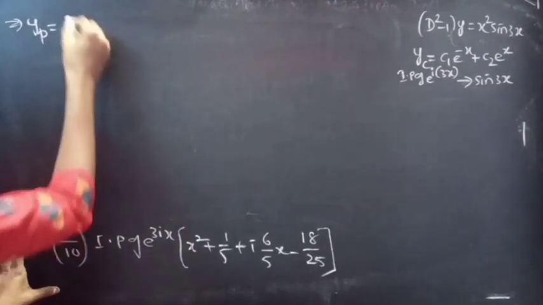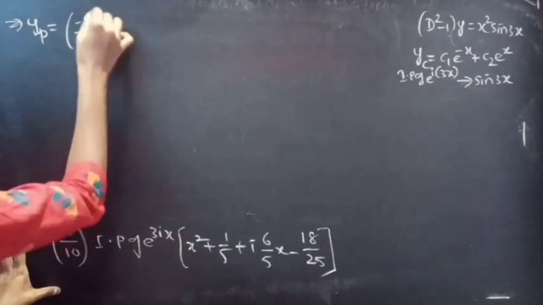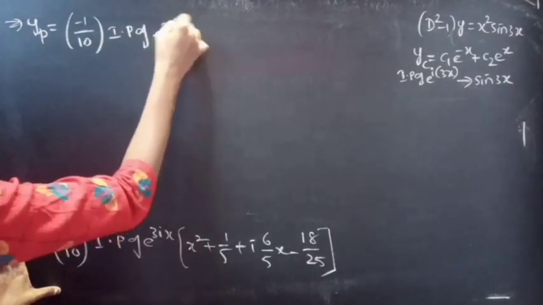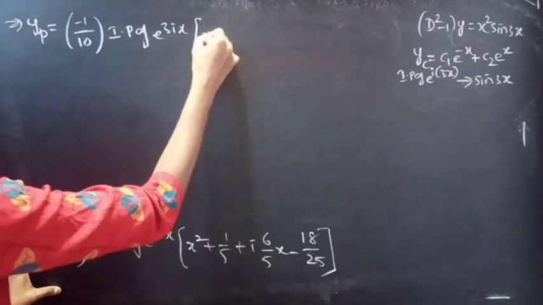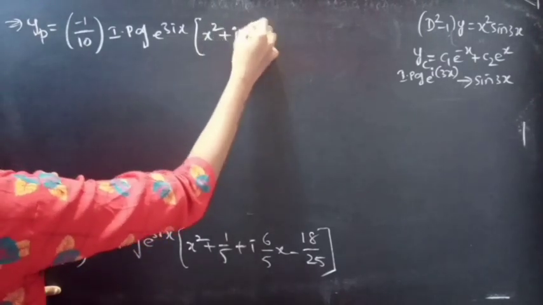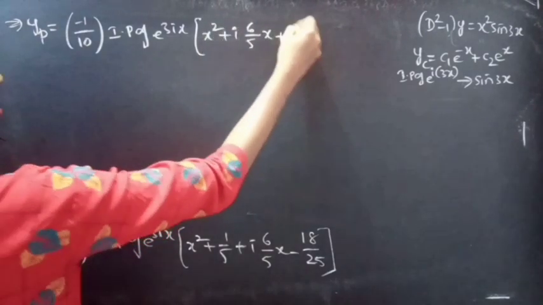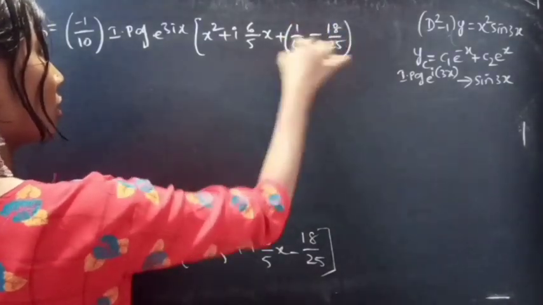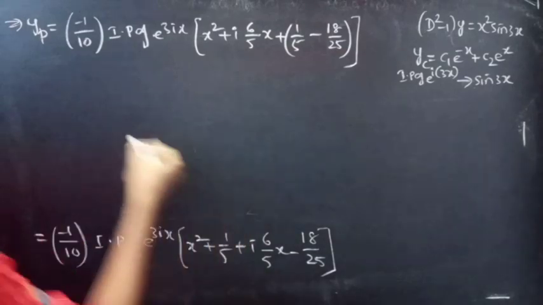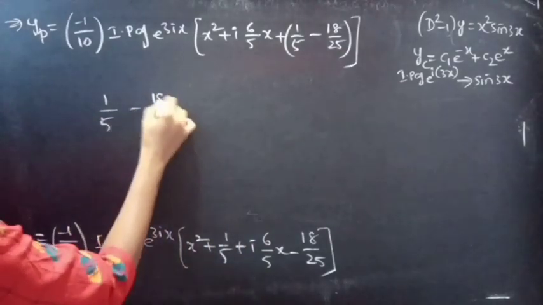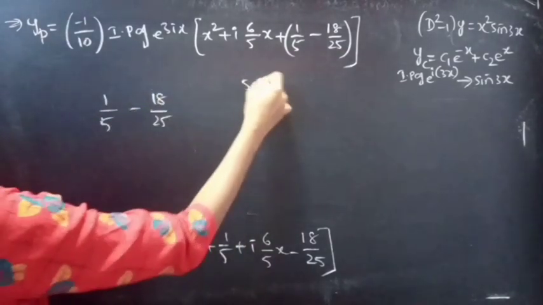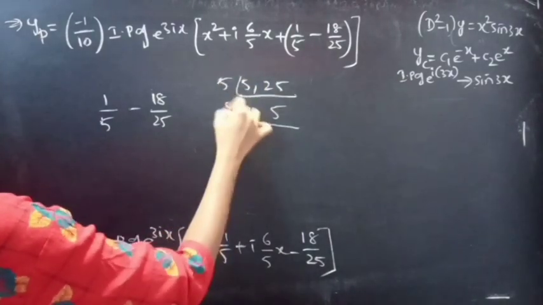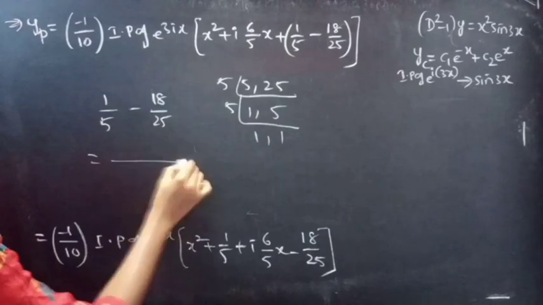yp becomes minus 1 by 10 into imaginary part of e power 3ix into x square plus i into 6 by 5, plus 1 by 5 minus 18 by 25. So let's simplify 1 by 5 minus 18 by 25. The LCM of 5 and 25 is 25, right?